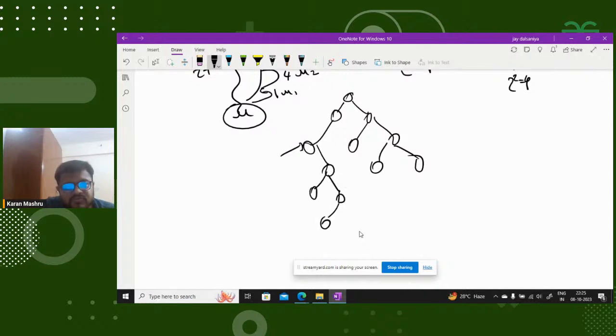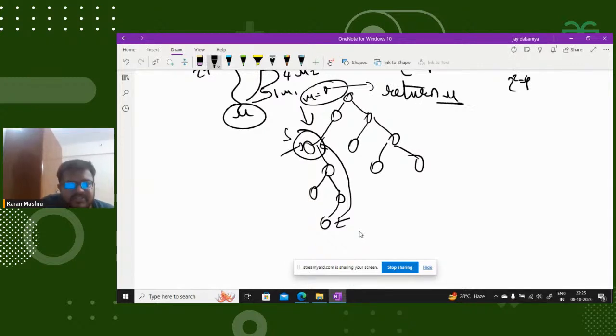Let's say this was my source or U, and this was my destination. So I made this jump up till here. Now the level of both of them are equal, but the nodes are also equal. So if U equals V after making the levels equal, directly return them, because that is the least common ancestor.